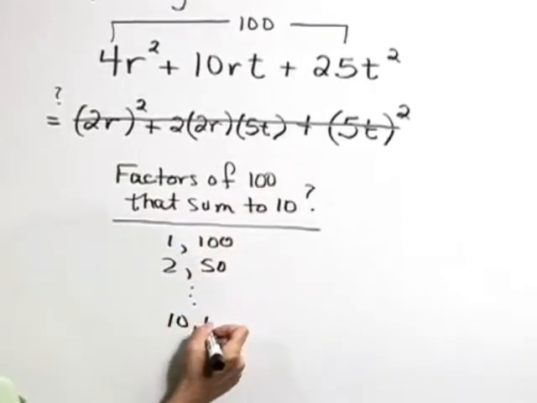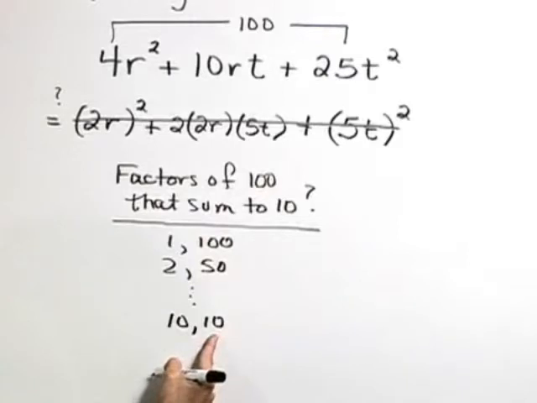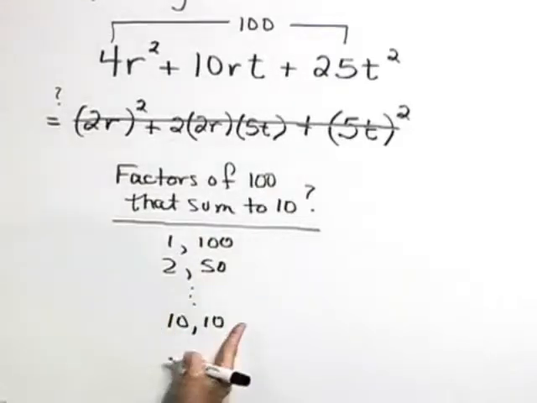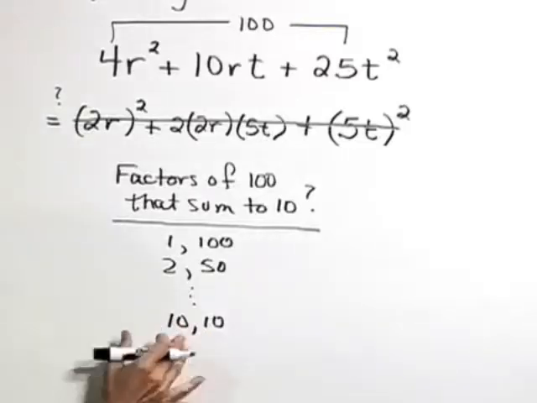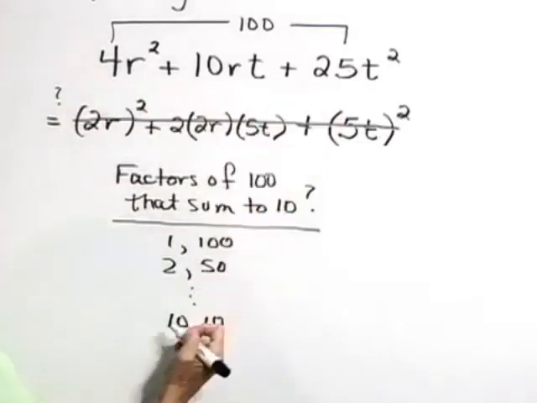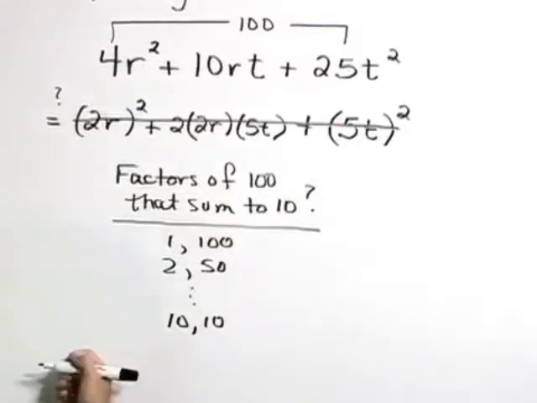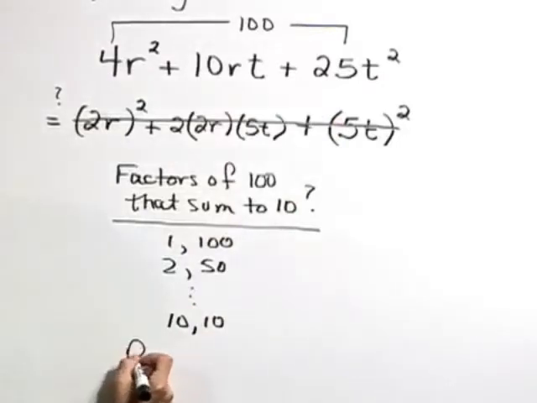Bringing this all the way down to, say, 10 times 10, the smallest our sum is ever going to be for factors of 100 is 20. So we've exhausted all of our possibilities. This trinomial, 4r squared plus 10rt plus 25t squared, is in fact prime.